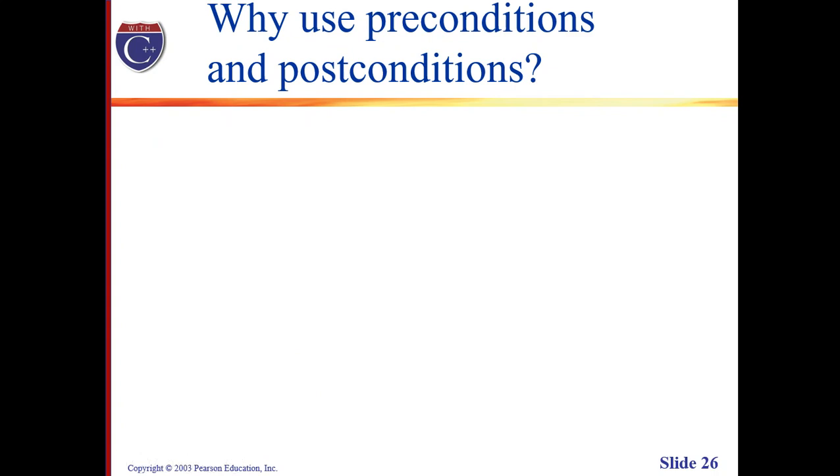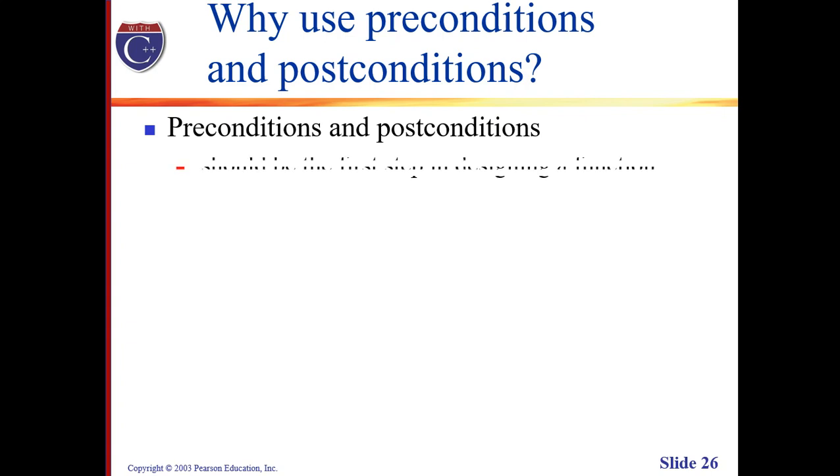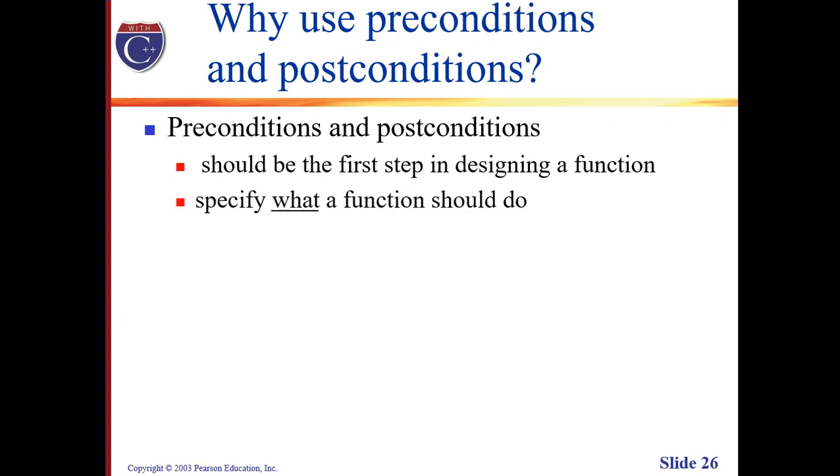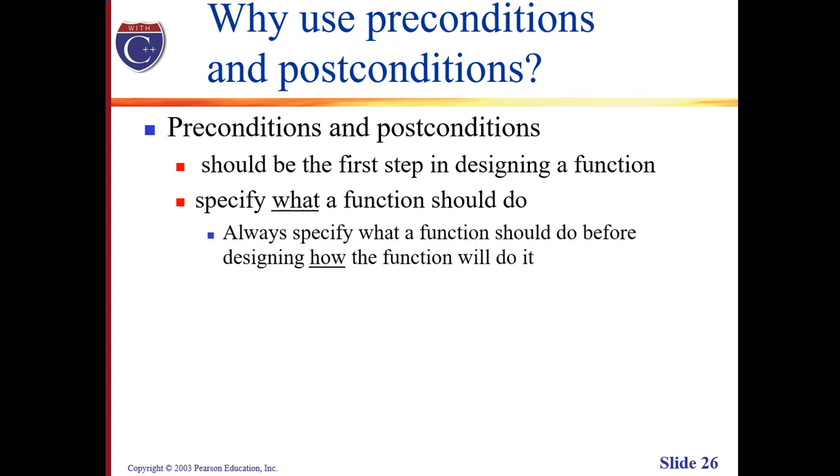So why do we need to use preconditions and postconditions? The preconditions and postconditions should be the first step in designing a function. That will serve as a guide on what the program should do. It specifies what a function does. Therefore, it's really important to always specify what a function should do before designing how the function will do it.